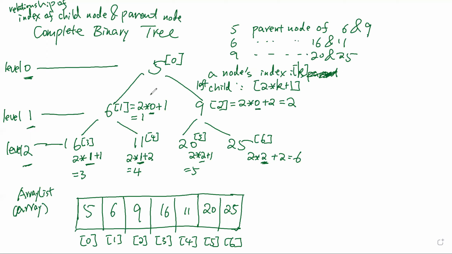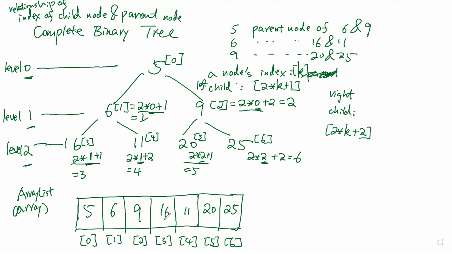You see, the left child is always 2 times the parent plus 1. And the right child, the relationship is 2 times k plus 2. So that's the index relationship.